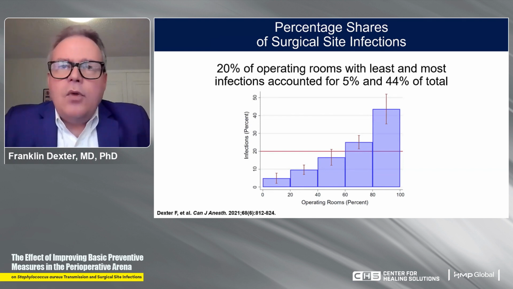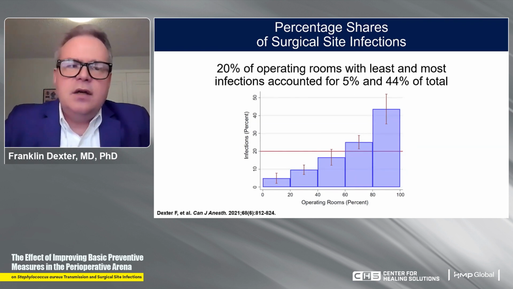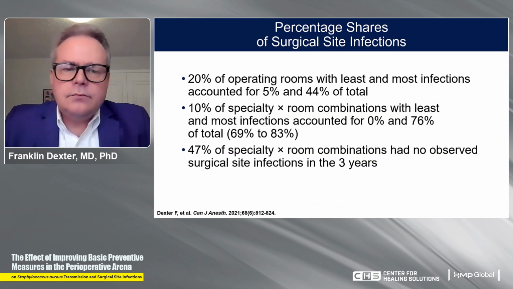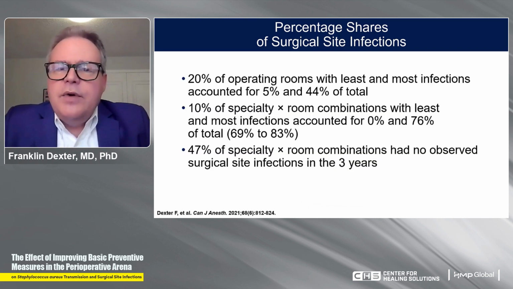So this is from a large hospital in Iowa. 20% of the operating rooms accounted for the most surgical site infections. 20% of the operating rooms with the most surgical site infections had 40% of the infections. You want value in applying the randomized clinical trial result.